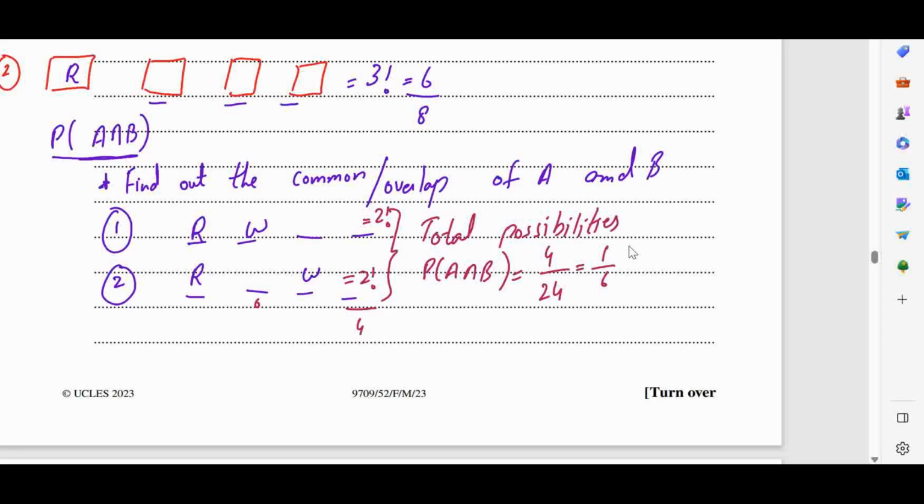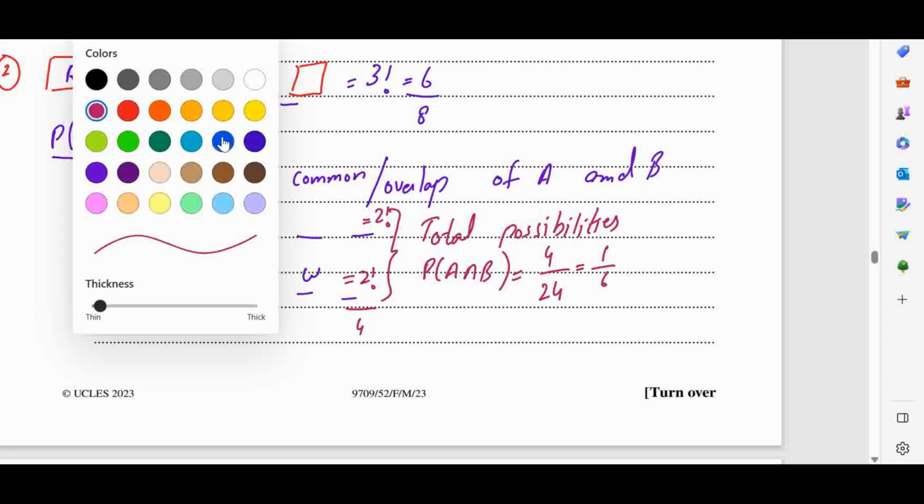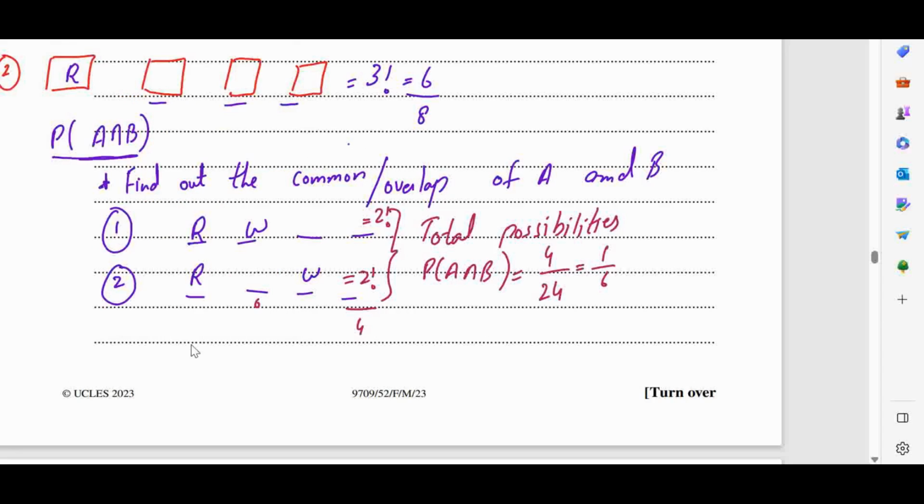Now let's see the condition for independence. The condition will be probability of A intersection B is equal to probability of A multiplied by probability of B. So let's check this one. As you can see, A intersection B is 1 by 6.